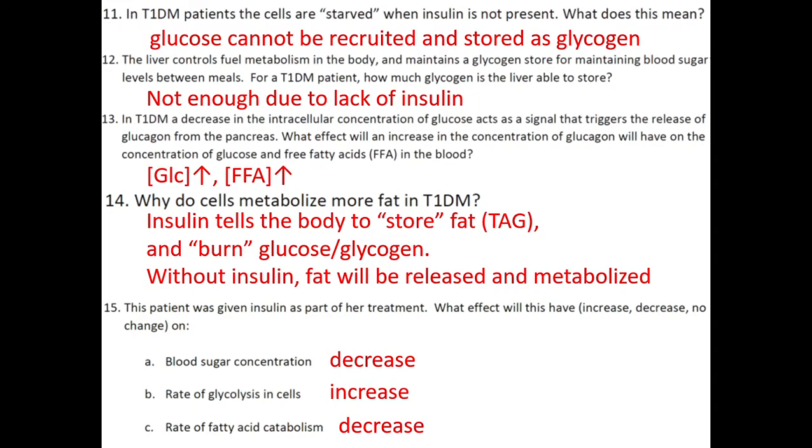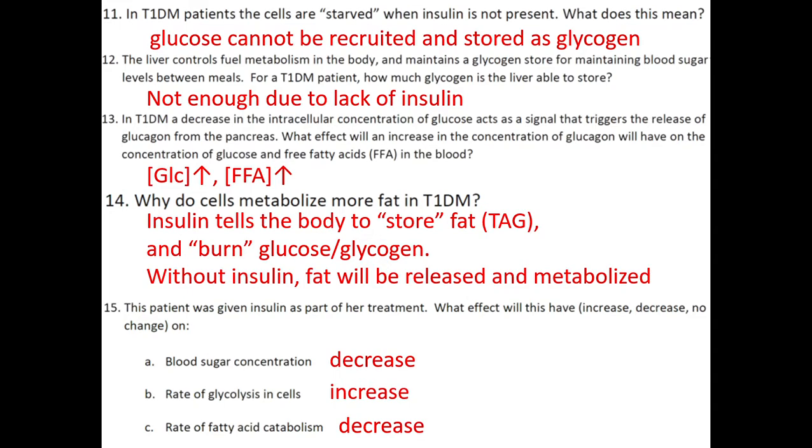Okay, and if acetyl-CoA is not going into the TCA cycle, it will become acetoacetate, acetone, and the other molecule. So acetone and beta-hydroxybutyrate, they are ketone bodies.